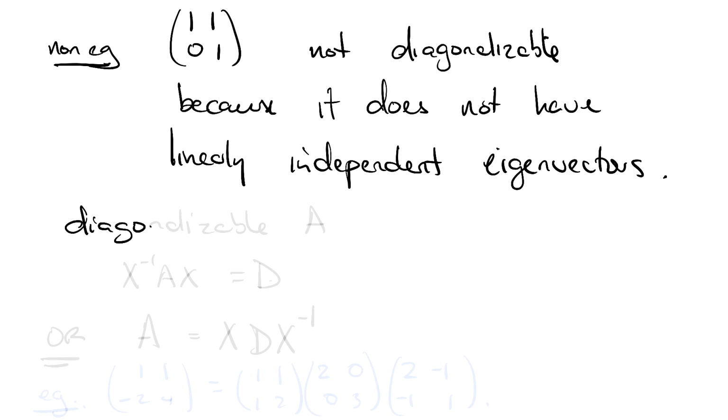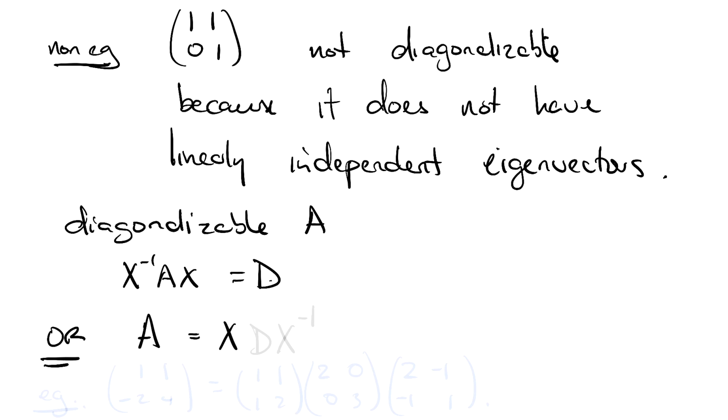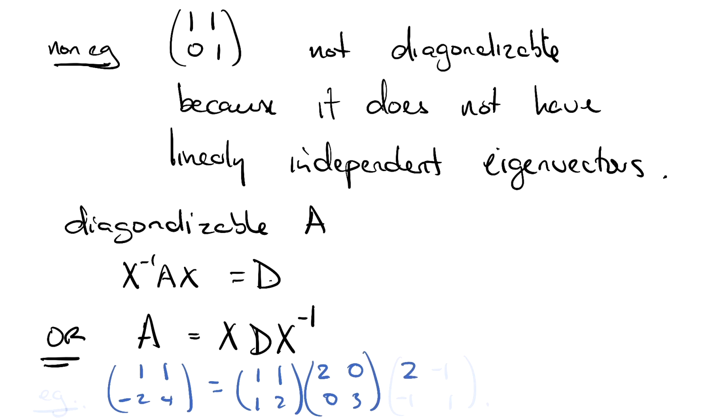So for a diagonalizable matrix, we have X inverse A X equal to D, or A equal to X D X inverse. So for example, for the matrix that we had before, [1, 1; -2, 4] is equal to [1, 1; 1, 2] times [2, 0; 0, 3] times [2, -1; -1, 1].